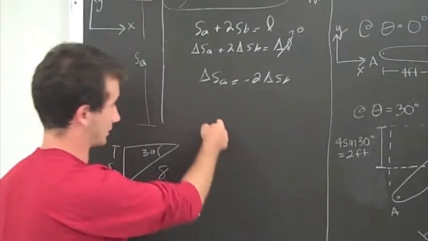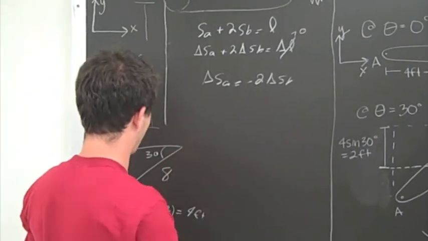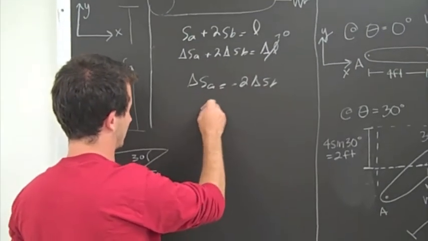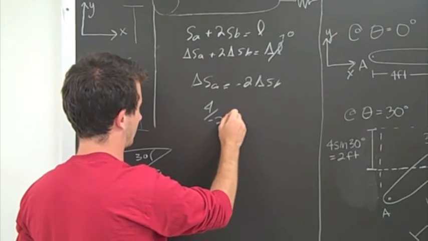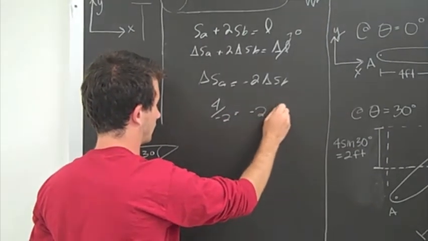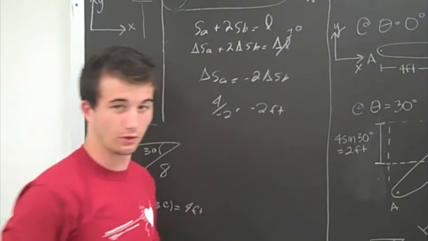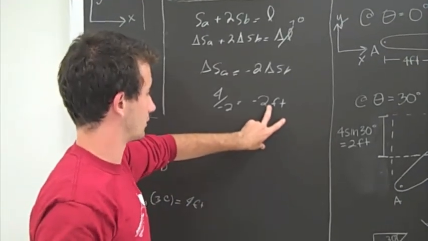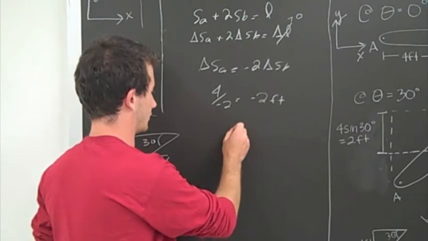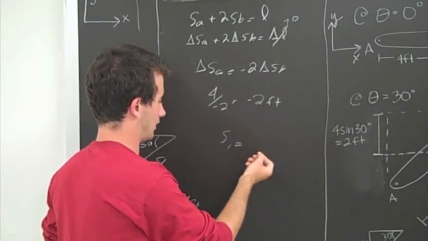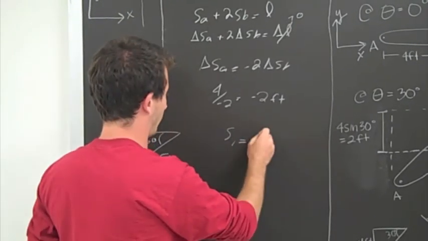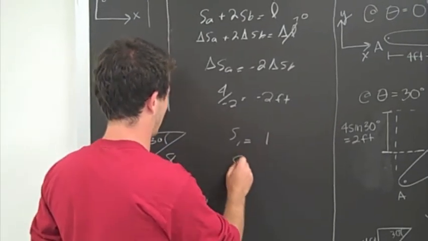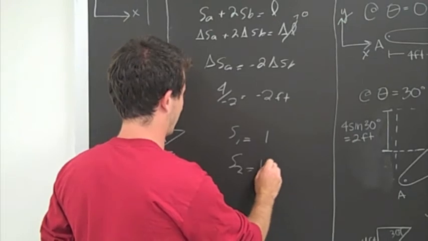So we simply plug this back into the equation up here. If the change in SA is 4 feet, the change in SB is going to be 2 feet, so the total change in length of the spring from the original is going to be 2 feet. And because we know it was given to us earlier that S1 of the spring was 1 foot, the original stretch of the spring, S2 is going to equal 1 plus 2.